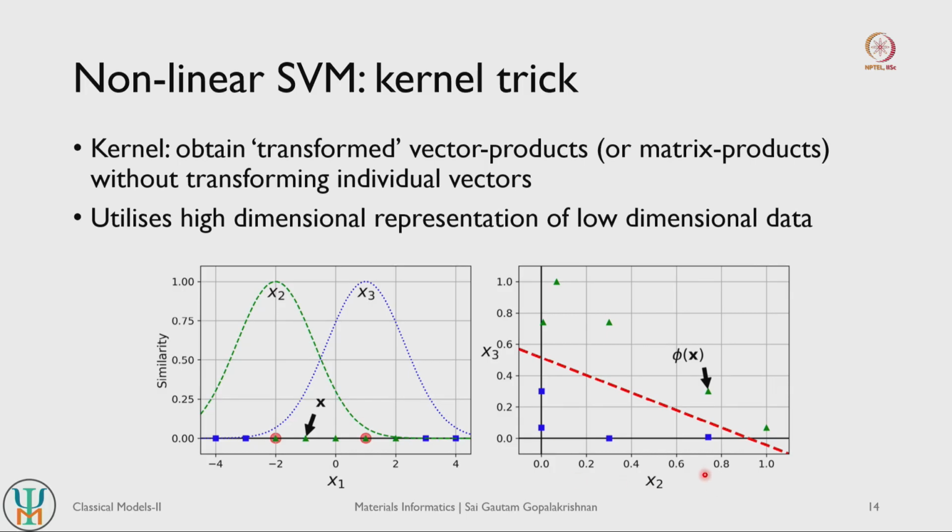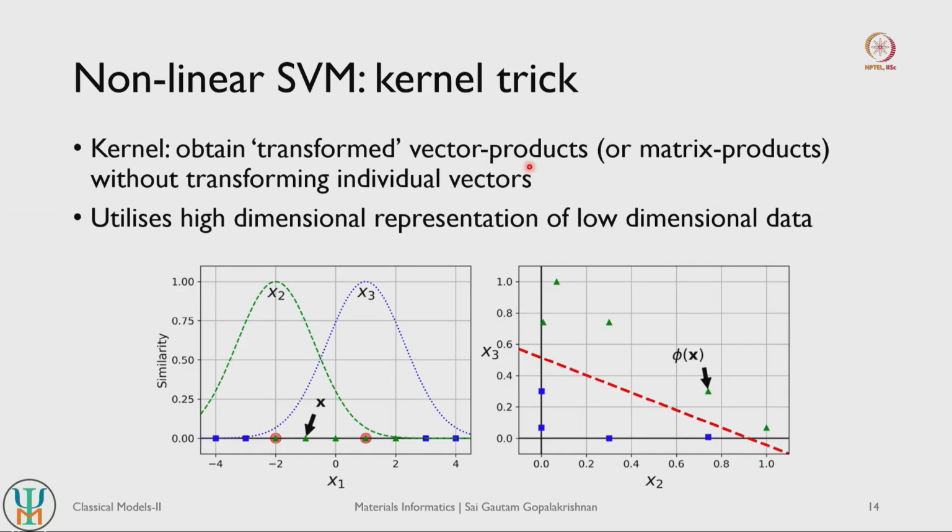So we have an x2 coordinate here and an x3 coordinate here. We are basically trying to represent low dimensional data in higher dimensional spaces. So that is what the kernel trick does, and the kernel trick is very often used for non-linear support vector machine models and also other non-linear models as well.